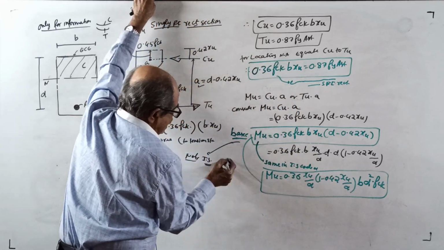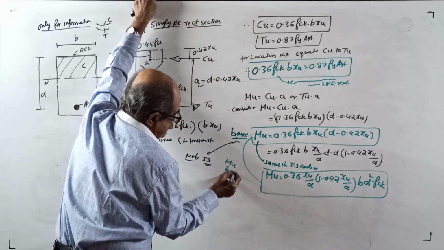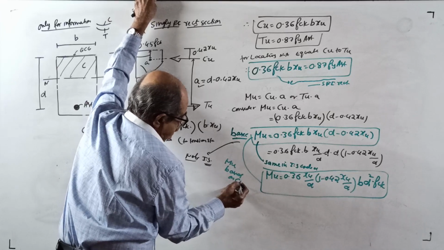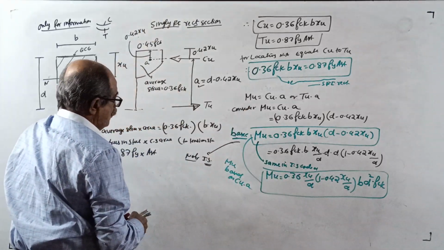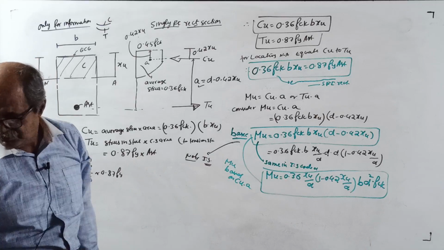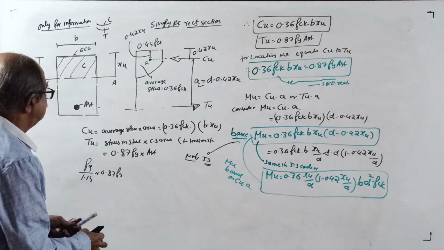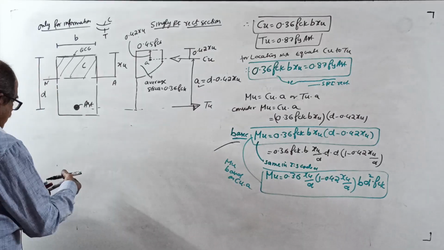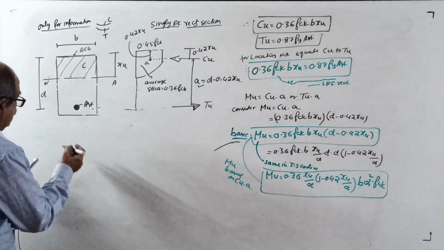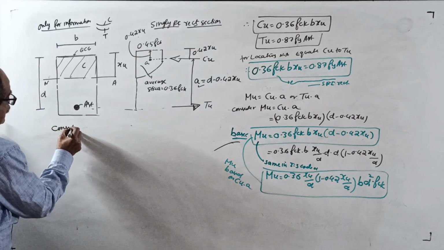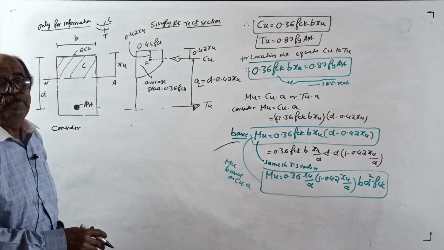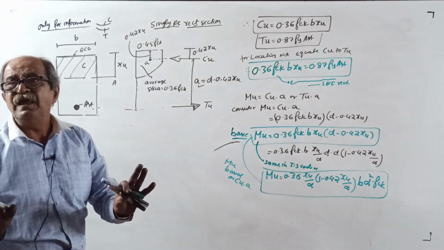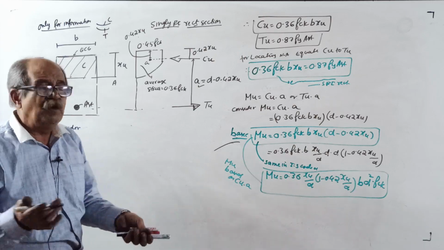These two are Mu based on Cu into a. Now I will write the other Mu. I am writing very fast because this is not my liability; I am only giving extra information.